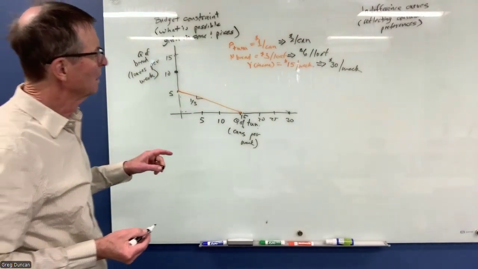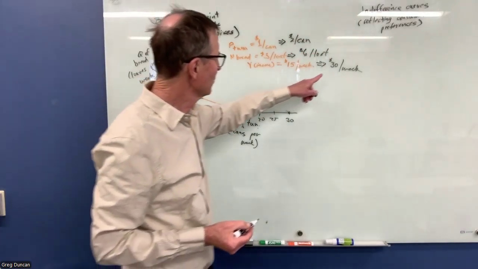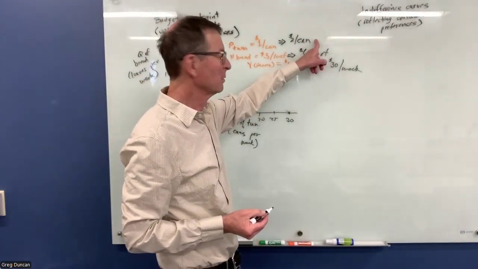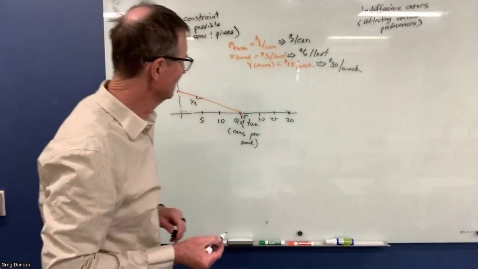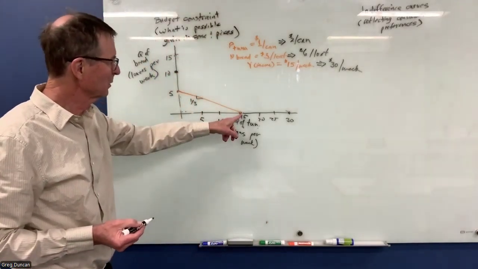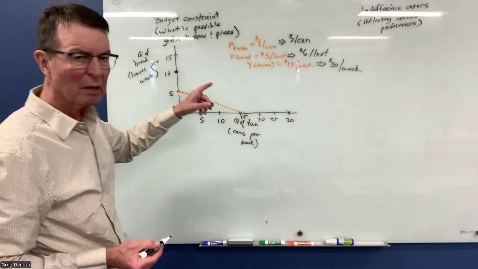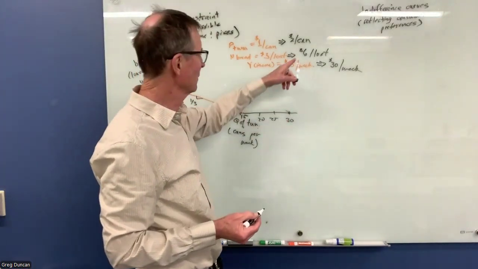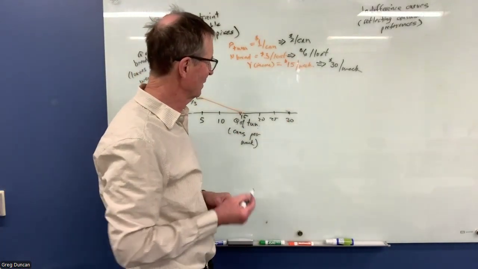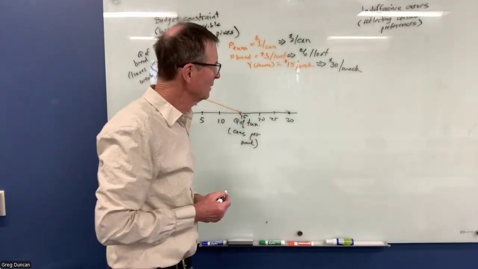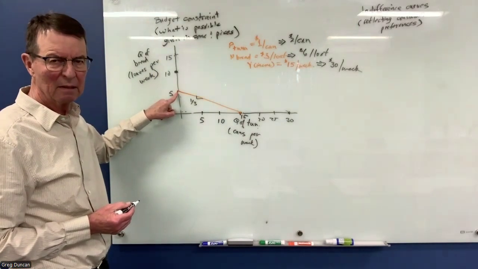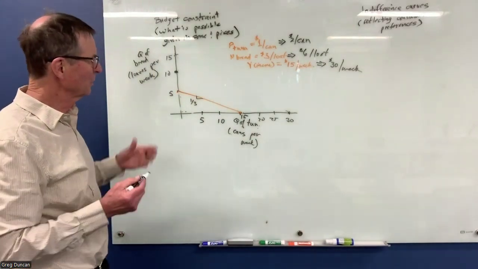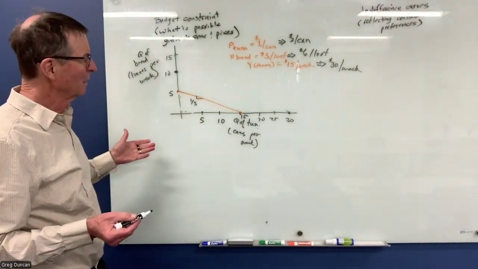Well, $30 per week with a price of $2 per can, we're still stuck at 15 cans of tuna, back to the original point. And the same way with bread, right? If bread goes up to $6, income also doubles. For $30, we're still back here at 5. Right? So the budget constraint hasn't changed.